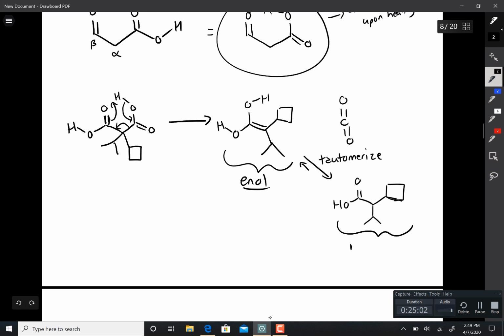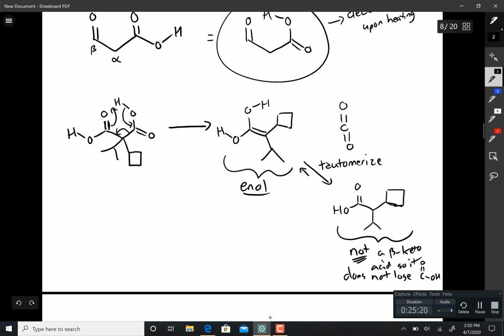This is not a beta keto acid, so it does not undergo decarboxylation.